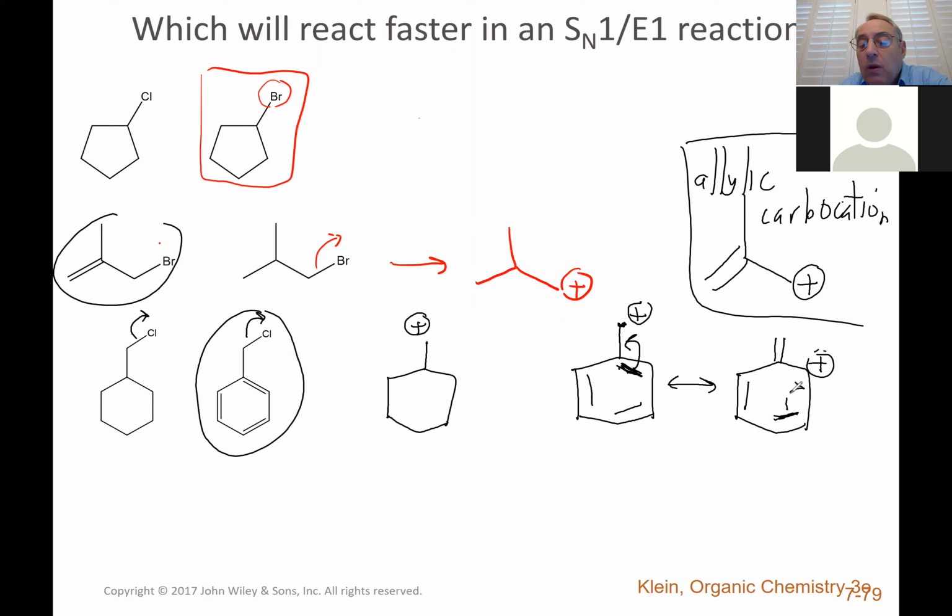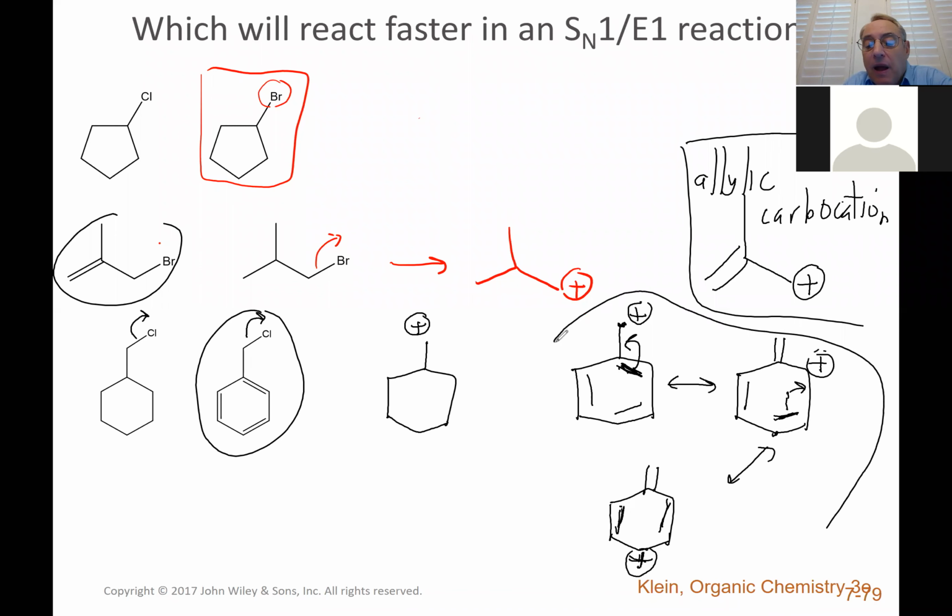I'll draw one more. By moving this pi bond here, this carbon loses a bond. It becomes positive. There's several more you can draw, but you see, these are resonance stabilized. This one is not. So this will react faster.